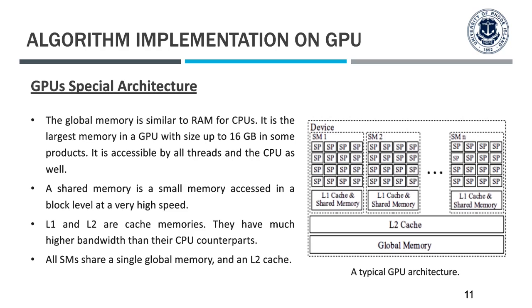A shared memory is a small memory accessed at the block level at a very high speed. L1 and L2 cache memories have much higher bandwidth than their CPU counterparts. All streaming multiprocessors share a single global memory and an L2 cache.